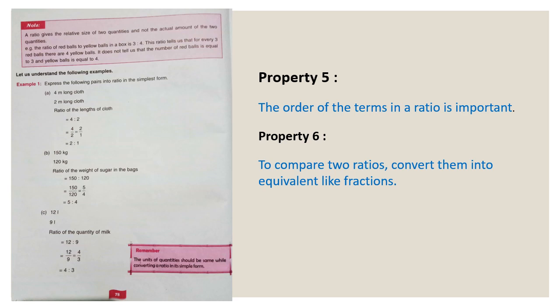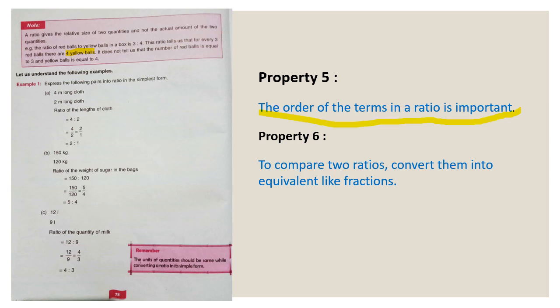As an example, the ratio of red balls to yellow balls in a box is 3:4. This ratio tells us that for every 3 red balls, there are 4 yellow balls. It doesn't mean that there are 3 red balls and 4 yellow balls in the box. It's just a comparison of red balls to yellow balls.